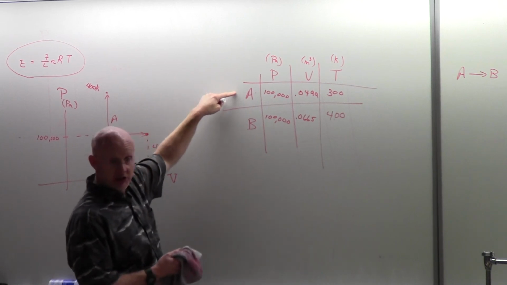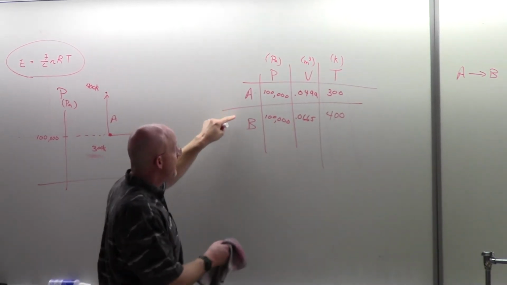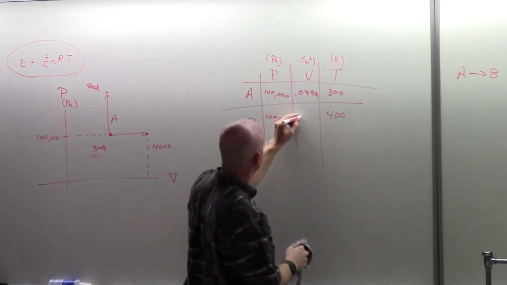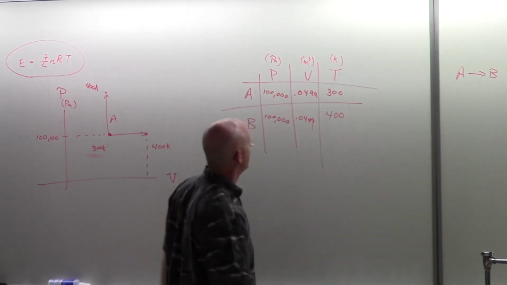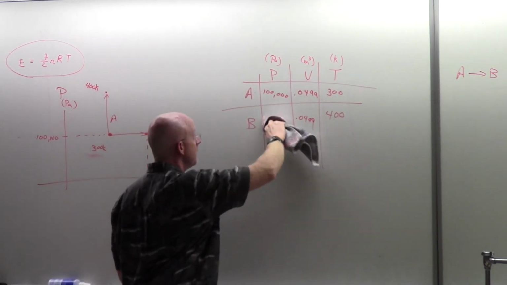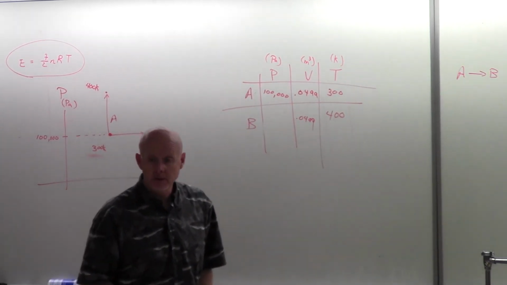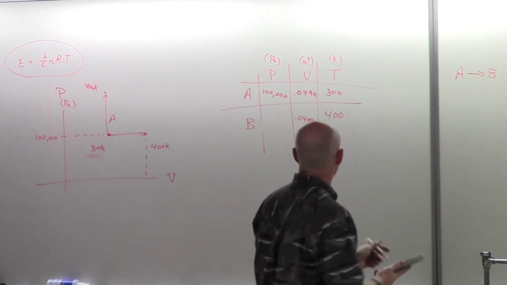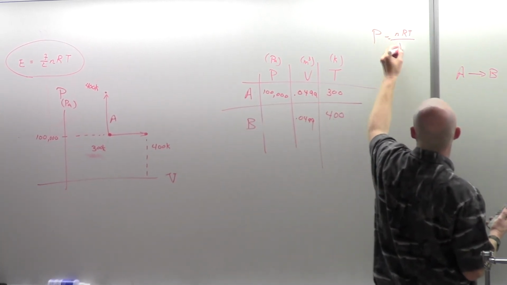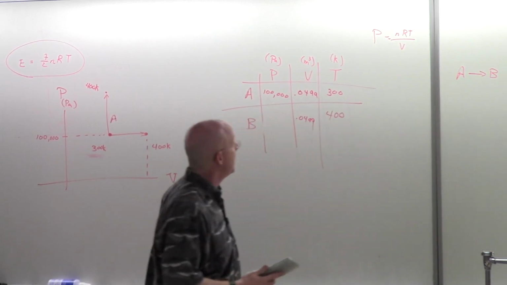The starting conditions are going to be the same, but then this would be the new volume, which means the pressure would be different. And so using pressure as nRT over V, I should be able to get the pressure.